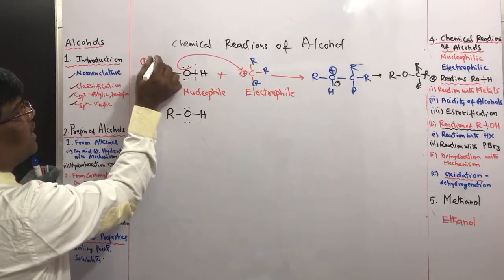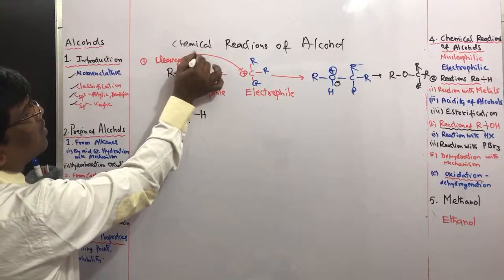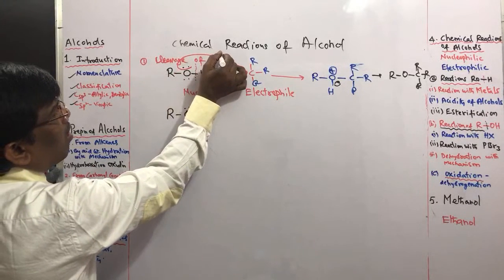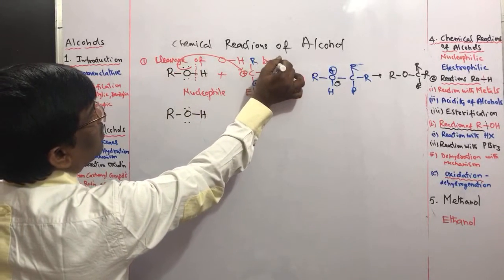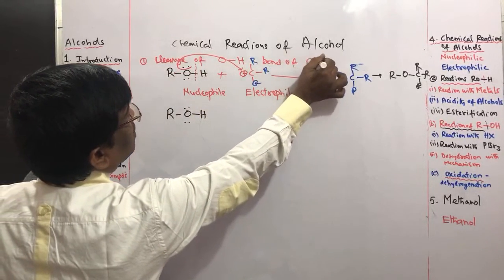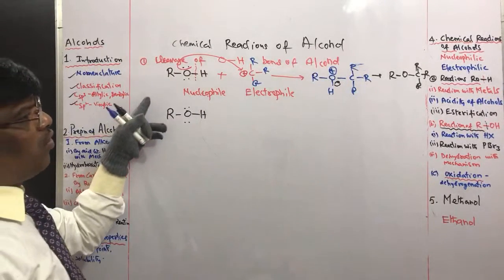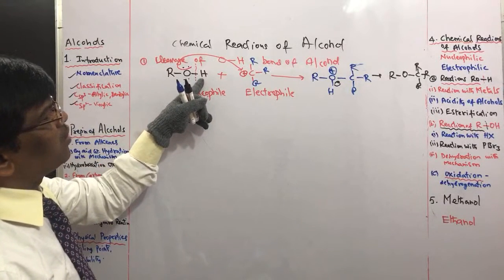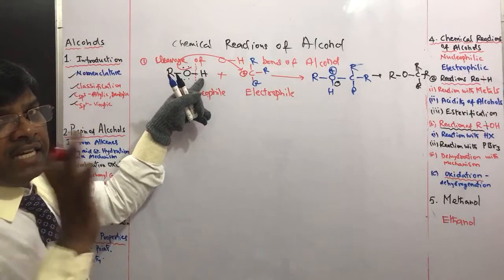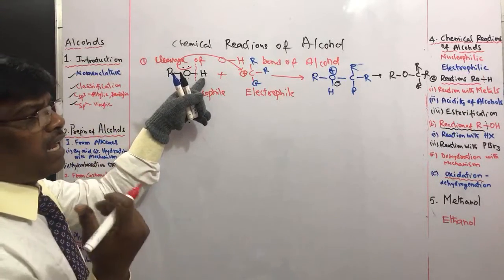So the first criterion is cleavage of the oxygen-hydrogen bond of alcohols. Under this we are going to get some reactions where this hydrogen is going to be replaced or detached and substituted with other electrophiles or metals.